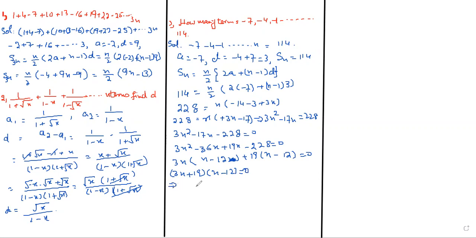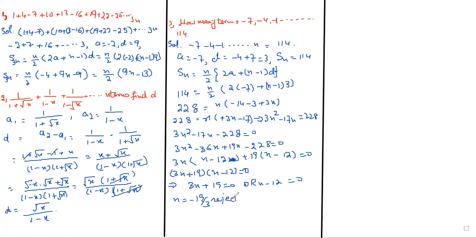This implies 3n plus 19 equals 0, or n minus 12 equals 0. So n equals minus 19 over 3. We reject this, okay?